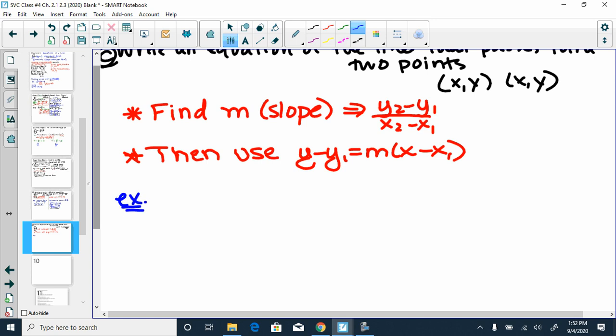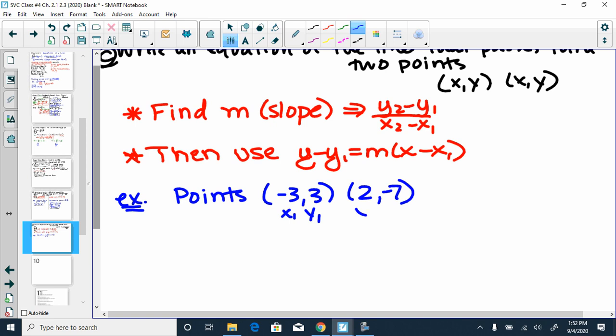We're going to go ahead and do the points. Write an equation for (-3, 3) and (2, -7). Okay, so typically what you would do if you have 2 points, you would label them x1, y1, because that's point number 1, x2, y2, because that's point number 2.